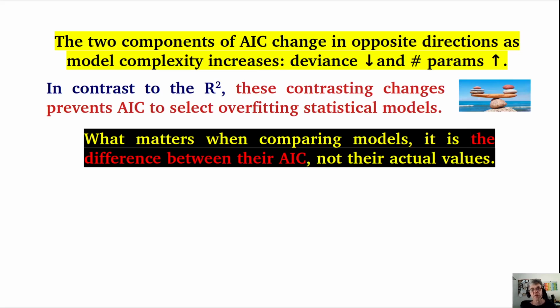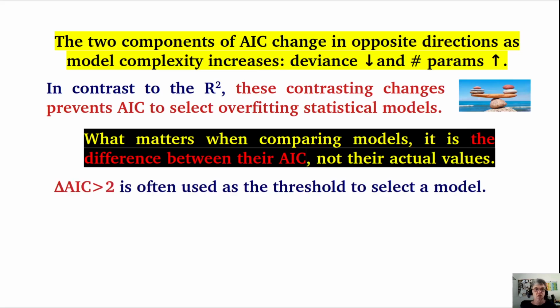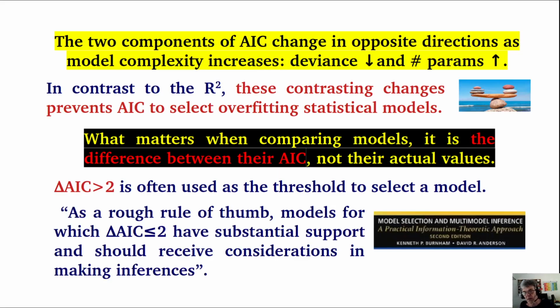So what matters, I repeat again, when comparing 2 models is the difference of the AIC, not their actual values. A difference of AIC greater than 2 has often been used as a threshold to select a model. One of the key references in this area of model selection, by Burnham and Anderson, stated in a lawyer-like expression that as a rough rule of thumb, models with a difference of AIC of 2 units both have substantial support and should receive consideration when making inferences.